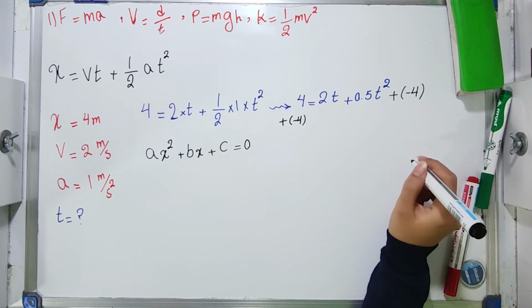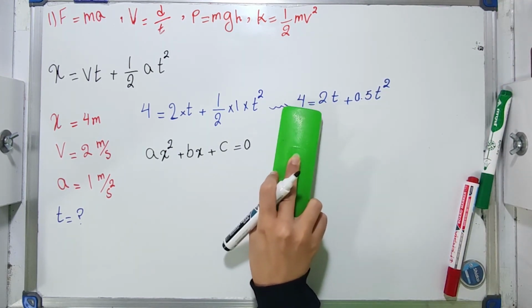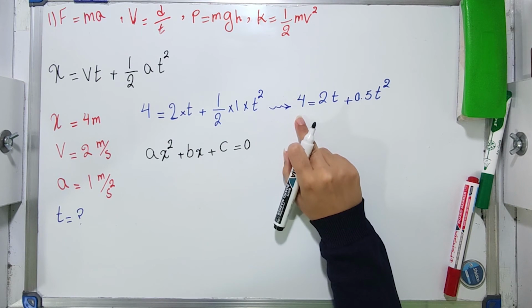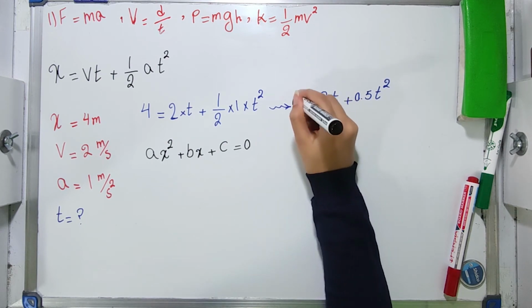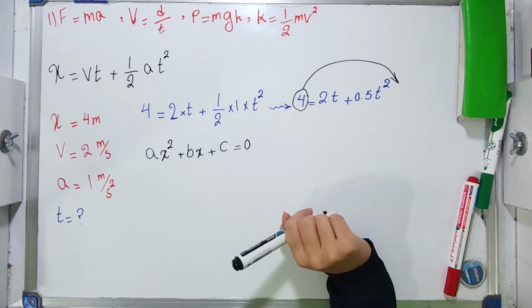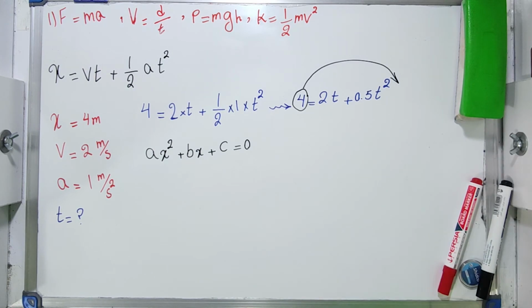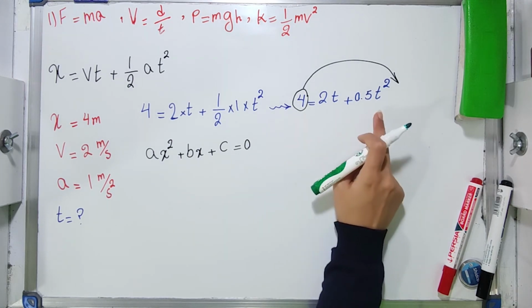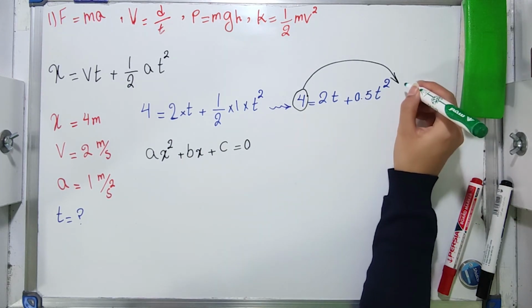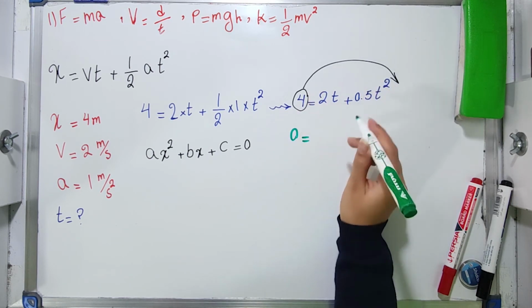Or, in an easier way, I can say, because I want to make this side 0, I have to move my numbers to the other side of the equation. And when I am moving to the other side, I have to change the sign. So positive 4, when it comes to this side, will be negative 4. So what I have here is 0 because I have moved it.